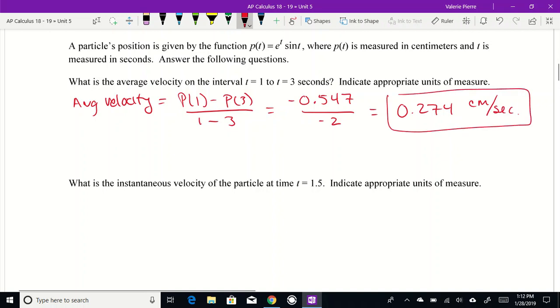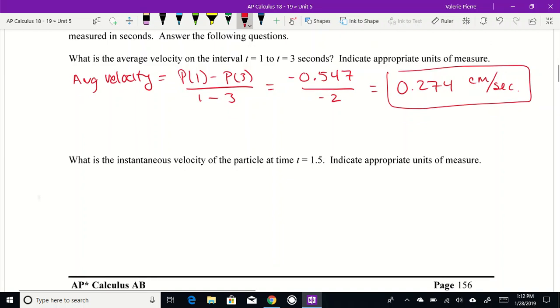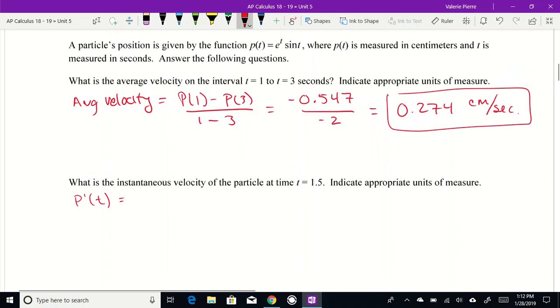All right, and then the instantaneous velocity of the particle at time 1.5, we need the derivative. So to take P prime of T, we have to use product rule.